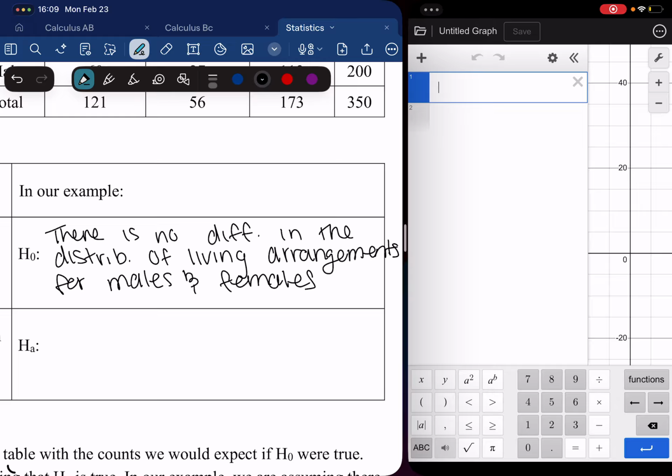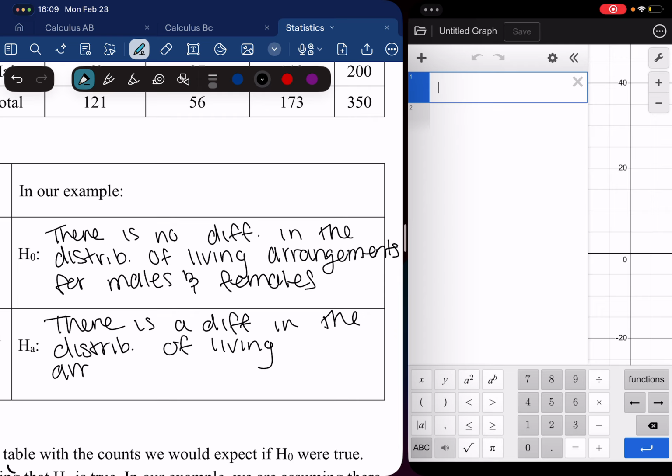Versus the alternative is that there is a difference in the distribution of living arrangements for males and females.